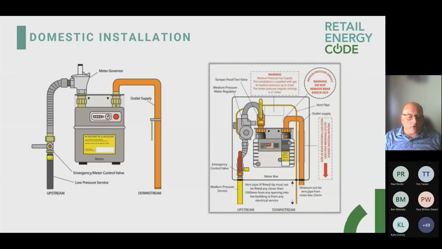When you're working on it, because it's now in a commercial environment, there is another regulation that applies under the Health and Safety Executive, and that's the Dangerous Substances and Explosive Atmospheres Regulations, DSEAR, and therefore you have to conduct additional checks.